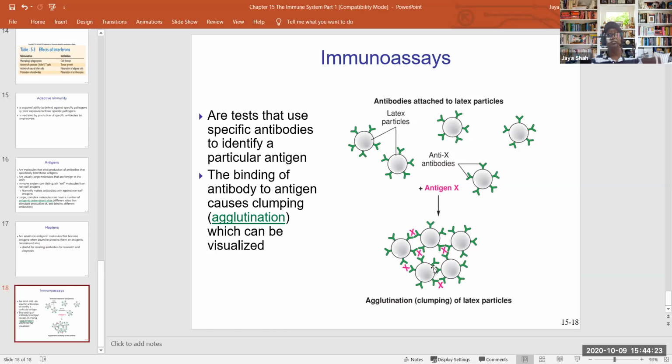Innate and adaptive immune systems work together to protect us from the foreign antigens, particularly foreign microorganisms or the abnormal antigens produced in our own body, like in the form of cancer cells. Okay, so this is the first part of the immune system, and we will talk about the adaptive immunity in detail in the next lecture. Okay, thank you.